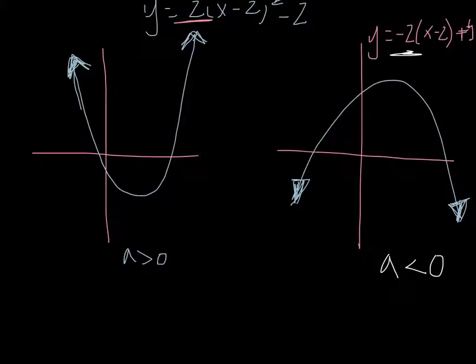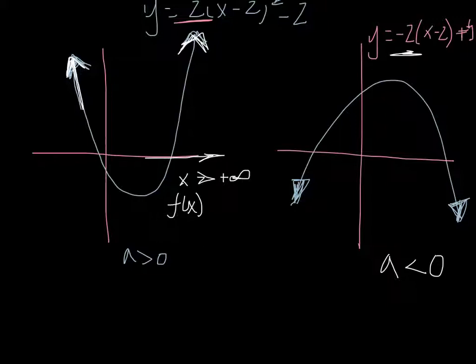Alright, but what I wanted to talk about was the end behavior of these graphs. So we're talking about what is happening. When this graph is opening up, my a is positive. What are the ends of my graph doing? As I go to the right on my graph, as x's get bigger, as they get more positive, what are my y values doing?